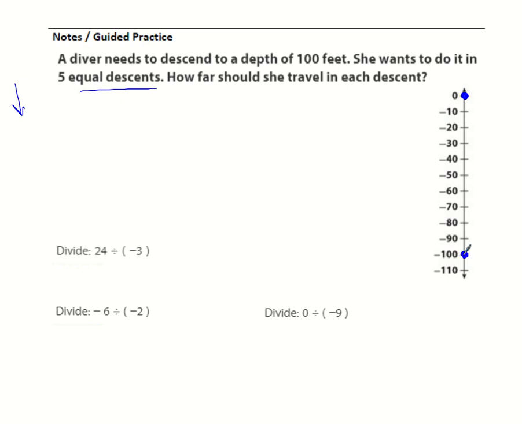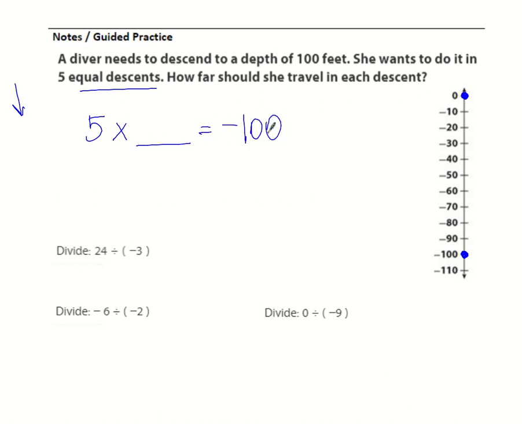So down 100 feet. Normally, Mrs. Talati and I were talking about this, we would use the number line to figure out the equal descents. But when you're doing it this way, you would have to do trial and error on the number line. So it might be easier to use what you know from your fact families from elementary school. Think to yourself, 5 groups of what equal negative 100?